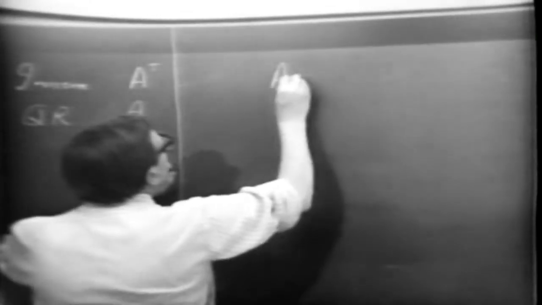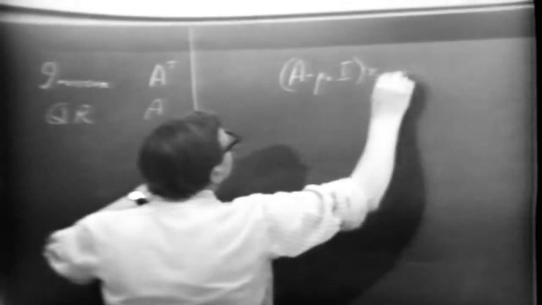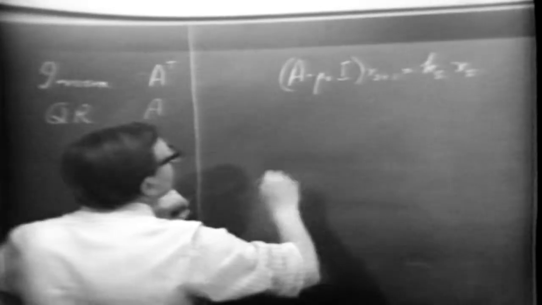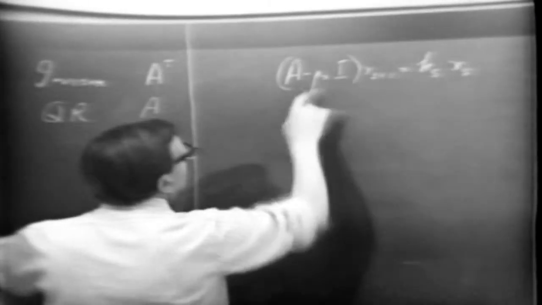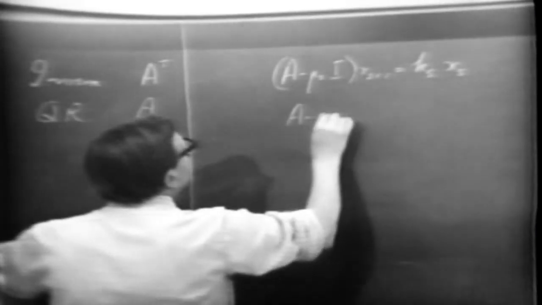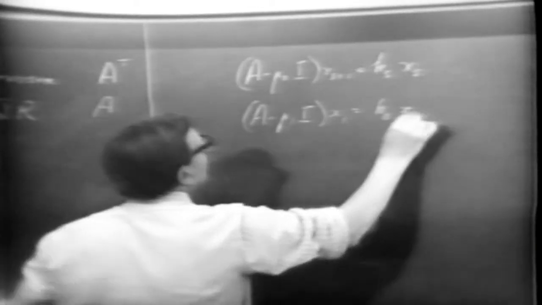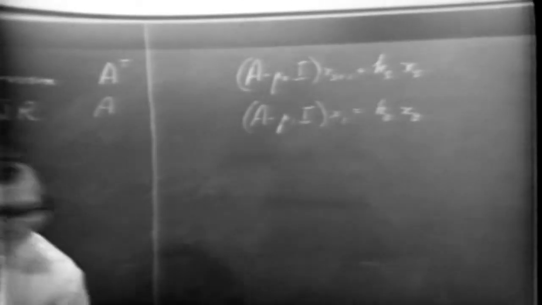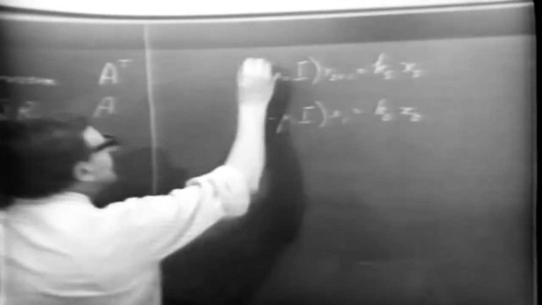So let's consider now inverse iteration defined by A minus PS I times XS plus 1 is equal to KS XS. So starting off with A minus P1 I x1 equals k0 x0. It's always a difficult thing to know whether you should start off with x0 and x1 in order to establish the relationship more easily. Well, sorry, I'm going to do inverse iteration with AT.